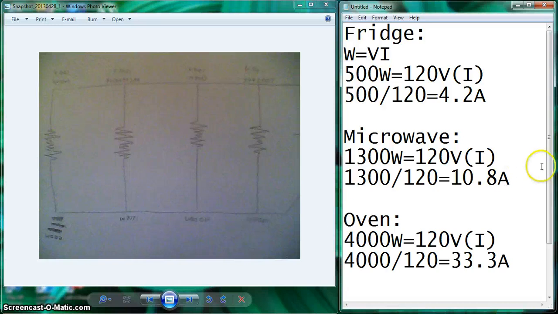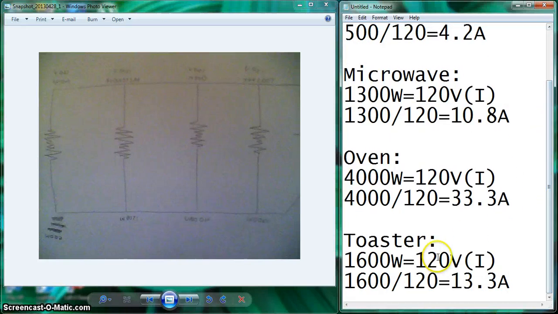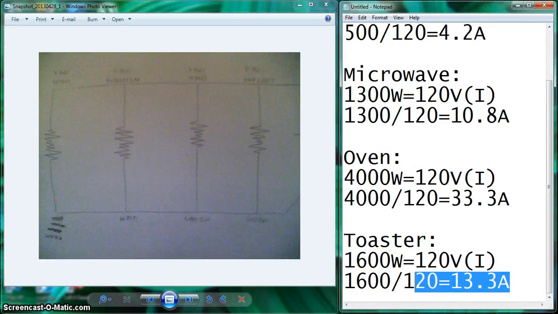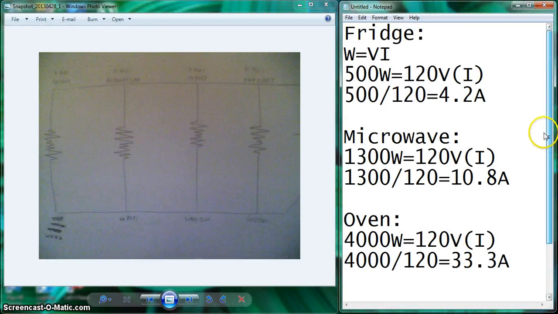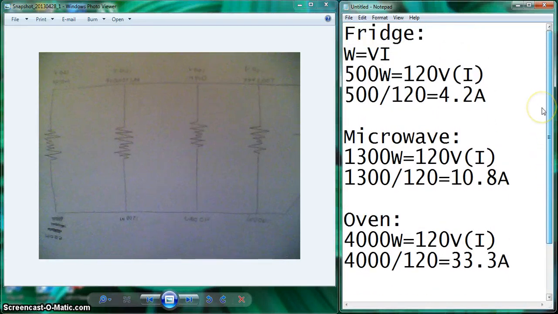Alright, now that we have finished getting all the amps for the toaster, the oven, the microwave, and the fridge, there's one more thing to find for all four of these appliances, and that is the resistance, which is the ohms.